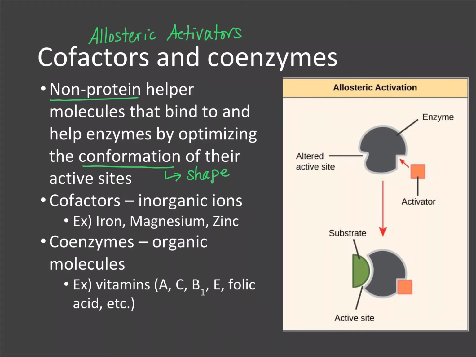And so the main difference between a cofactor and a coenzyme is just that a cofactor is inorganic and coenzymes are organic. Generally speaking, the cofactors are going to be the minerals that are required in your diet, whereas coenzymes are going to be the vitamins.